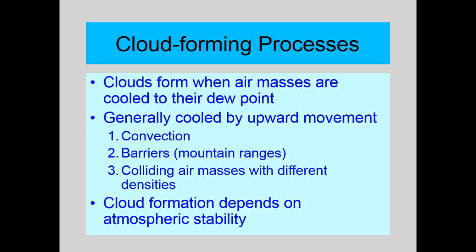Now, why do they talk about air masses with different densities? What creates a density change in an air mass? Temperature, heat and temperature, exactly. Okay? Because which is denser, warm air or cool air?